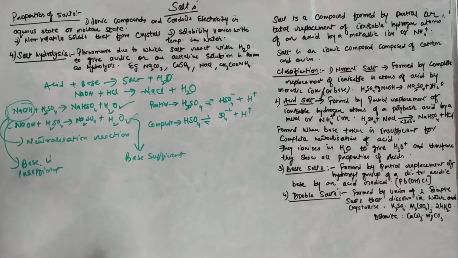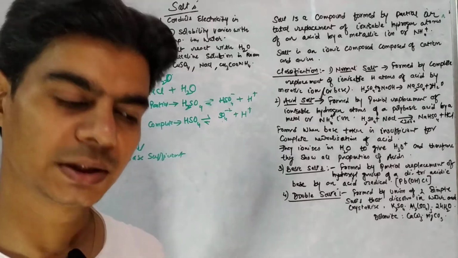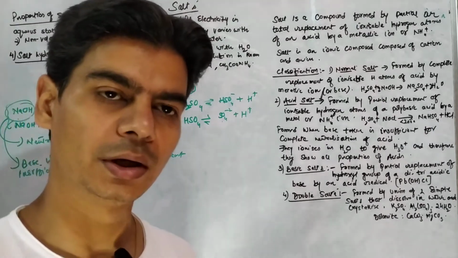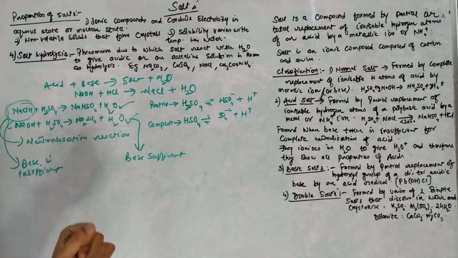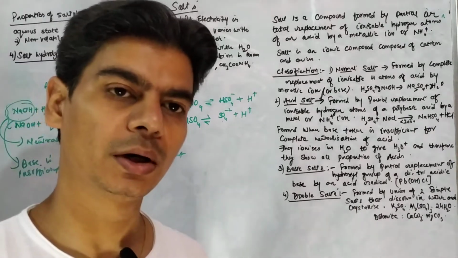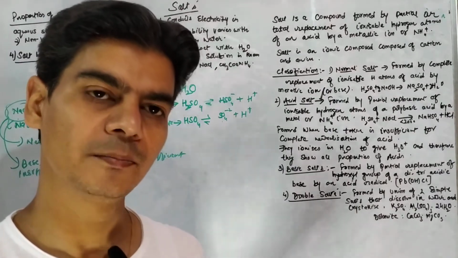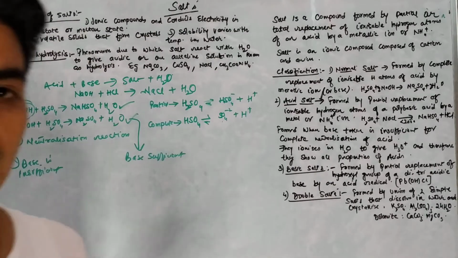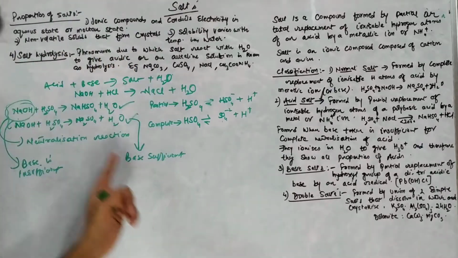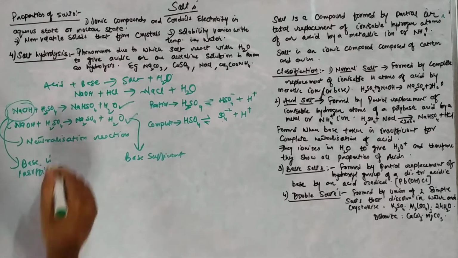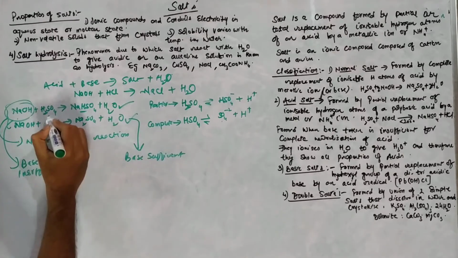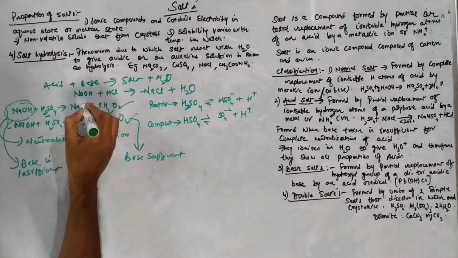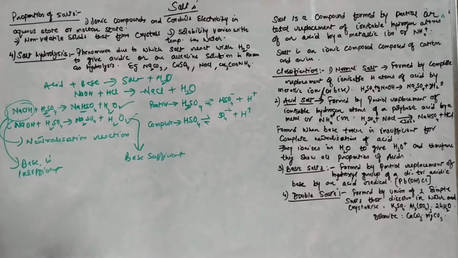And in the second step, base is taken in sufficient quantity, in more quantity compared to the first reaction. And when base is taken in more quantity, it completely neutralizes sulfuric acid to give you this salt, right. And in the first salt we can see that all the hydrogen atoms are not replaced, or the acid is not completely neutralized, so we have one hydrogen atom in the salt.